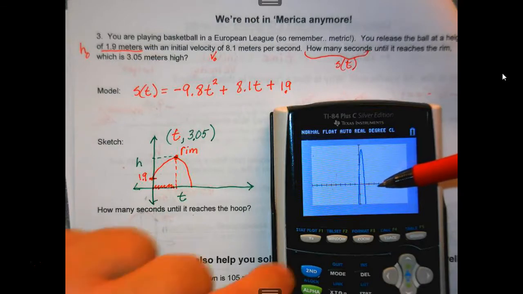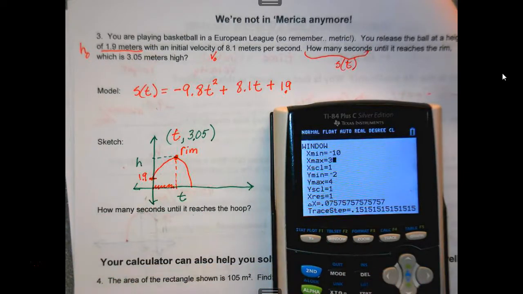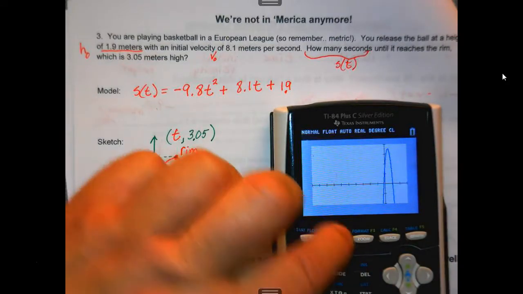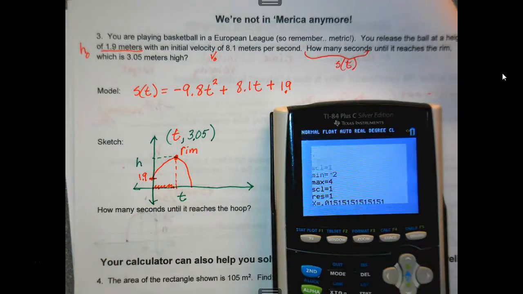Maybe I'll put my x max to 3. I definitely don't need all this negative x. So let's get rid of that. Negative 1. I might just move this up to like 5. Graph. Yep, that looks pretty good.